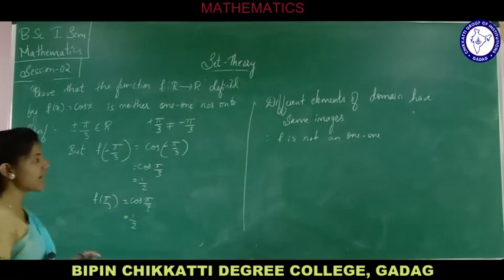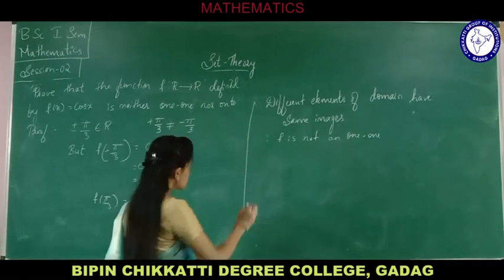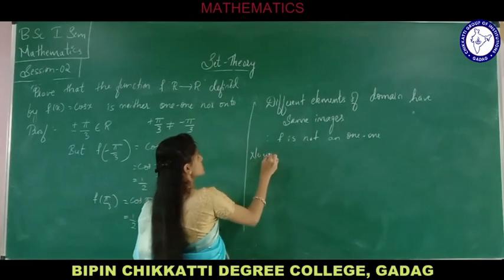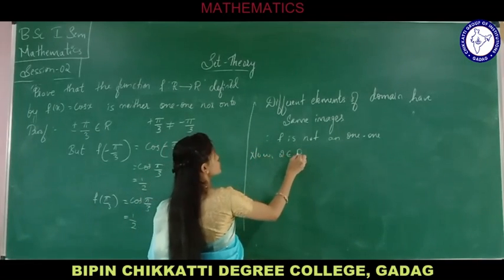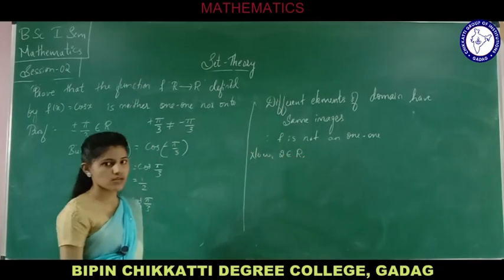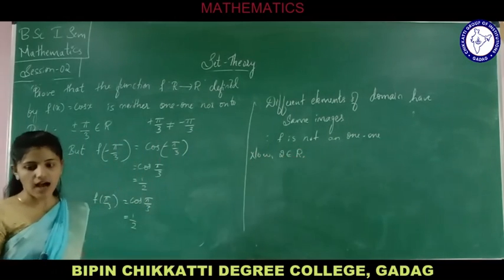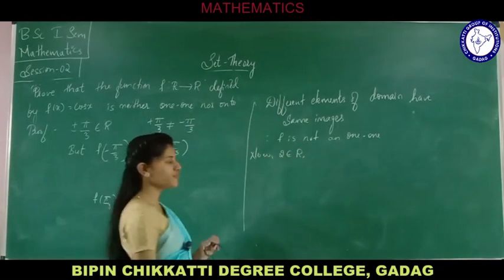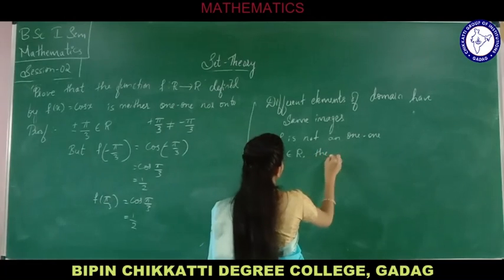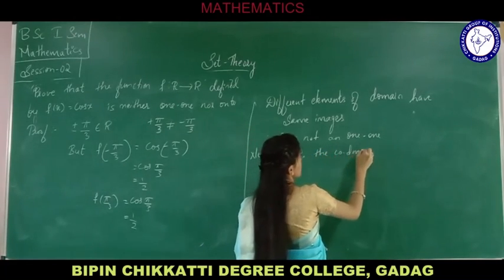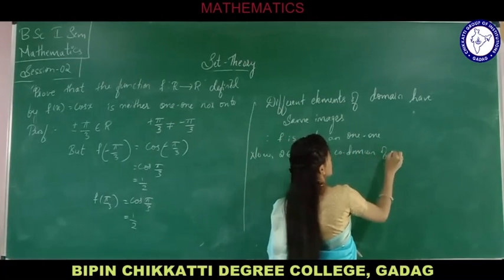Now, to prove that it is not an onto function, let us consider 2 belonging to R. Of course, 2 belongs to R, the codomain of f.